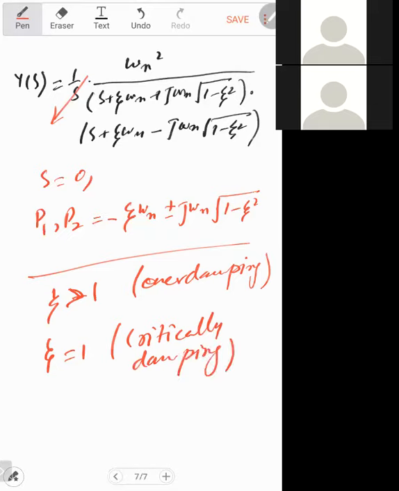And when zeta is less than 1 but greater than 0, that is called under damping. We will consider these 3 cases, and we have 3 poles in our case. So y of s is equal to 1 over s, and then we have omega n square divided by s minus p1 and s minus p2.